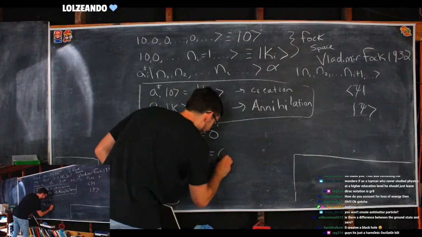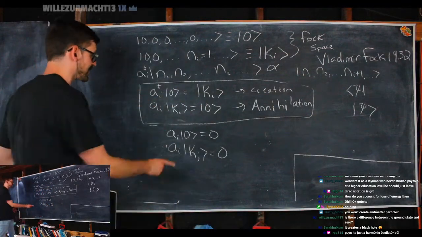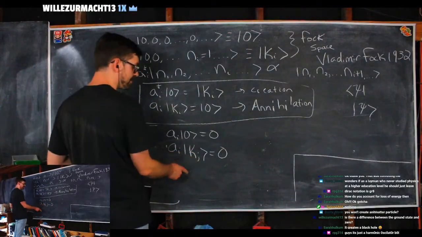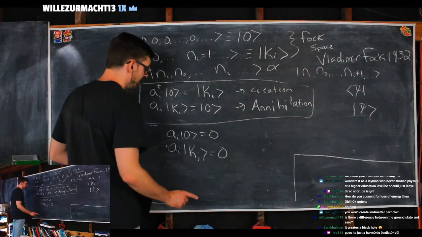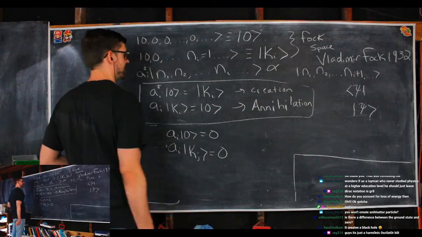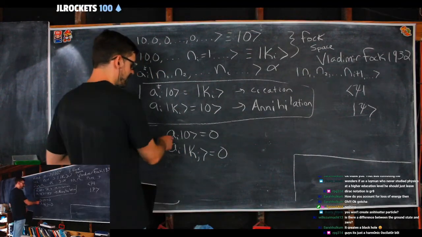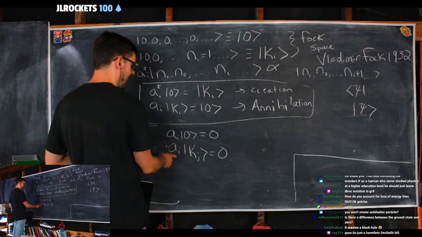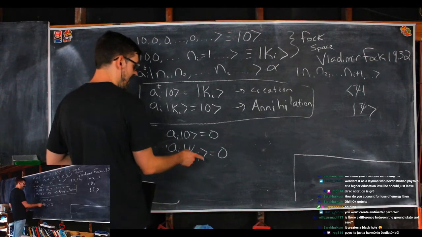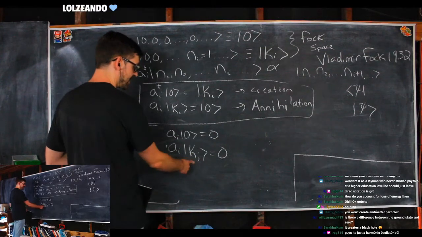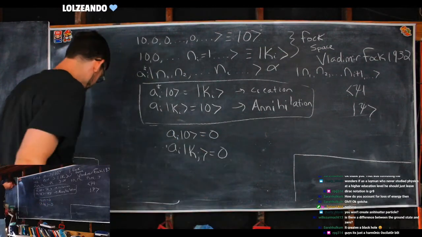Same thing, 0. We assume that if we're talking about a kj particle, then the ki particle is equal to 0. This is specific to ai being annihilated on ai, but ai cannot annihilate kj. That's 0.